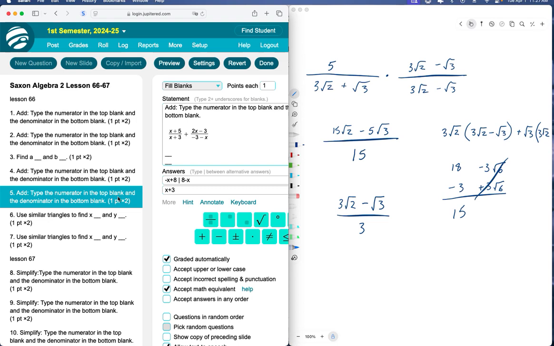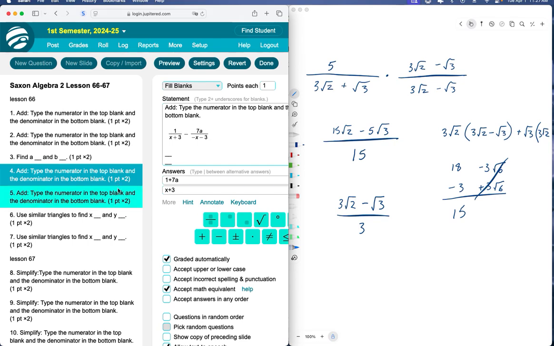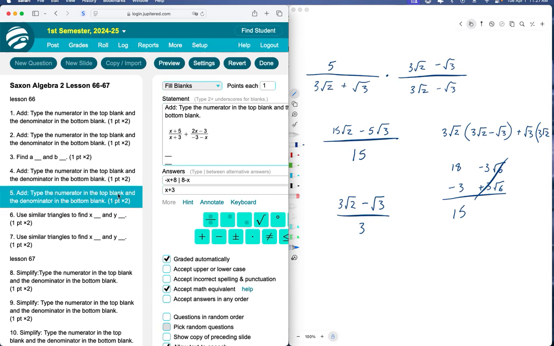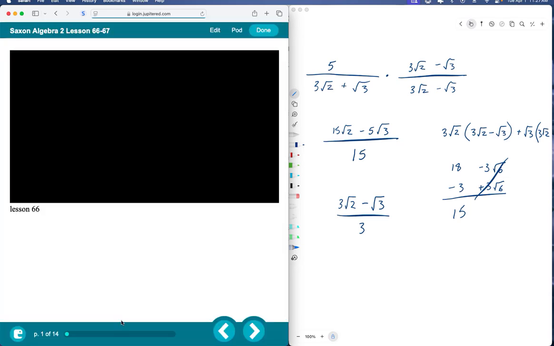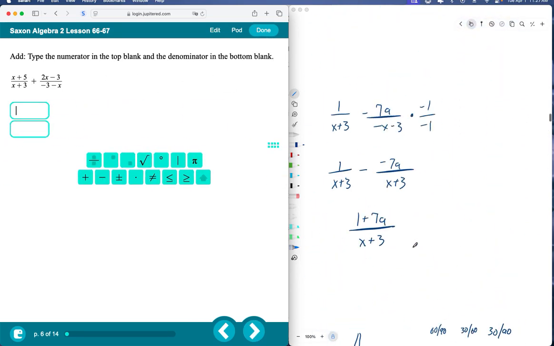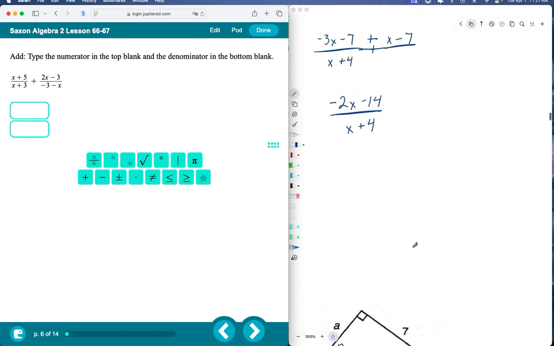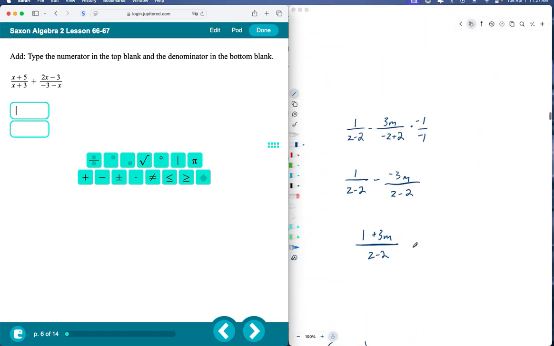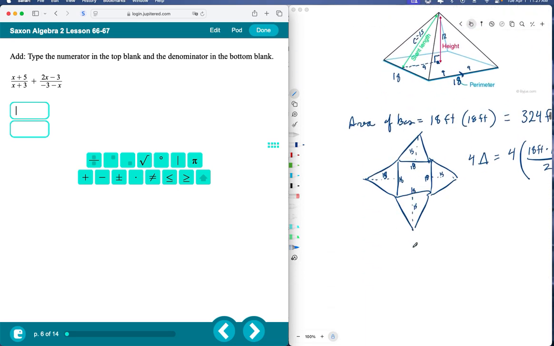Negative x plus 8. Oh, it's not the same problem. Hello. It's a different problem. I'm dumb. All right, done. What did I get for that problem? This one. So way before those. Hello. It's not one of those. Oh, that's Michaela's.